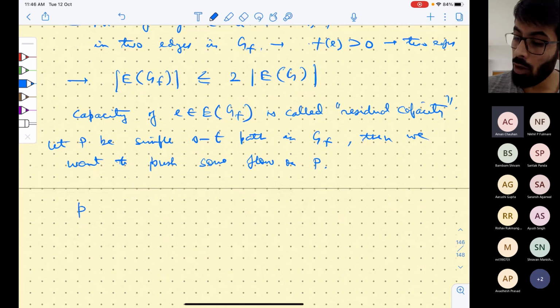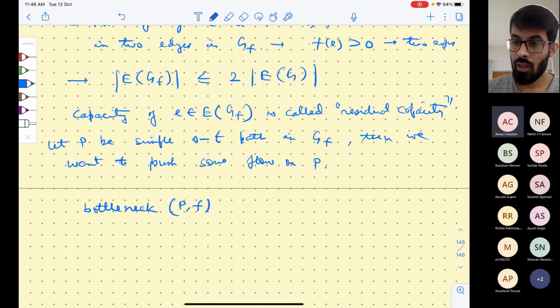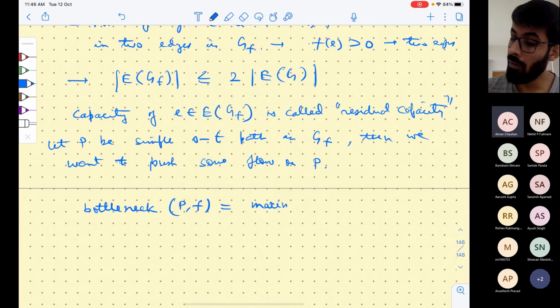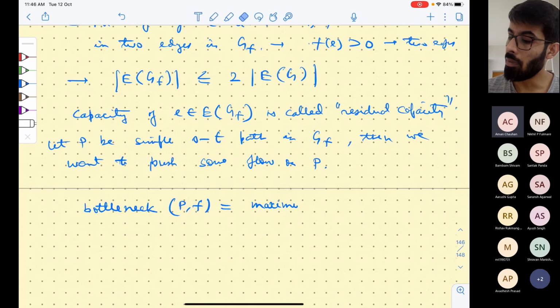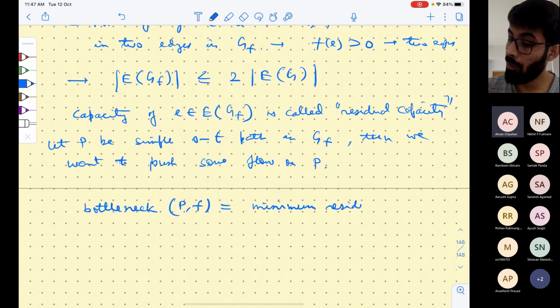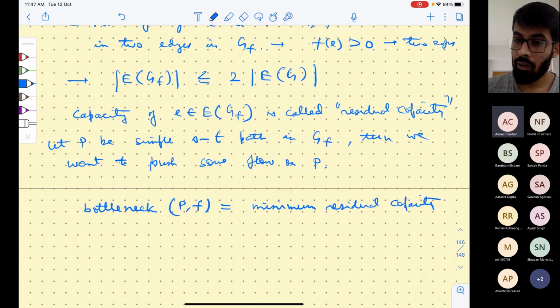Let's call it the bottleneck of P comma F. Is it the maximum or minimum residual capacity? Again, it should be the minimum residual capacity on any edge of P.